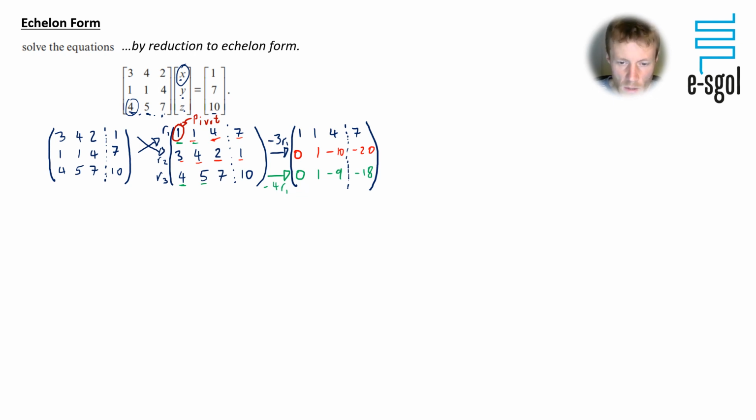Let's continue. Now we're going to use this one here as our new pivot. So I think I can copy across the top row. We've got 1, 1, 4, 7. And then we've got 0, 1, negative 10, negative 20.